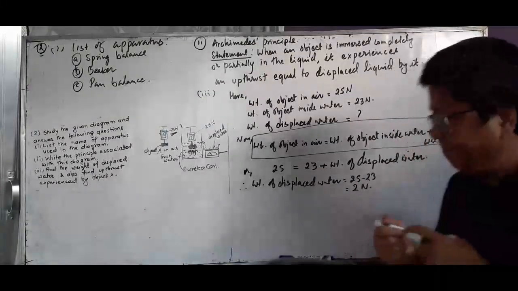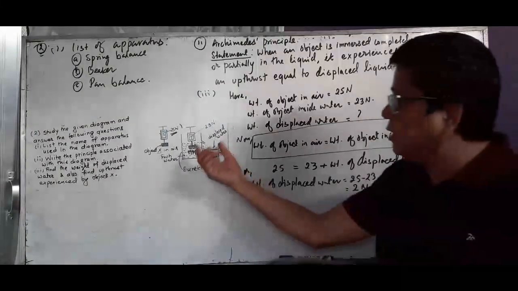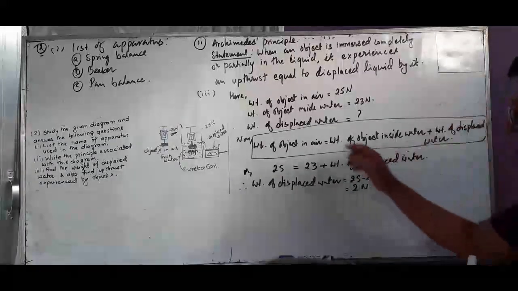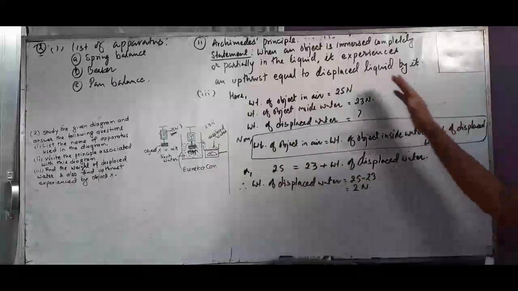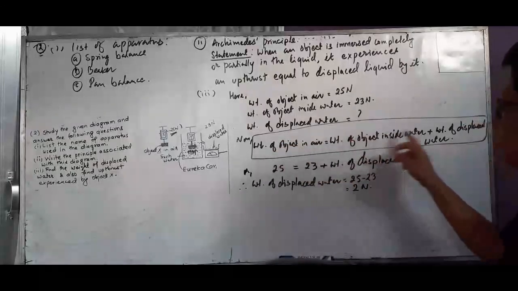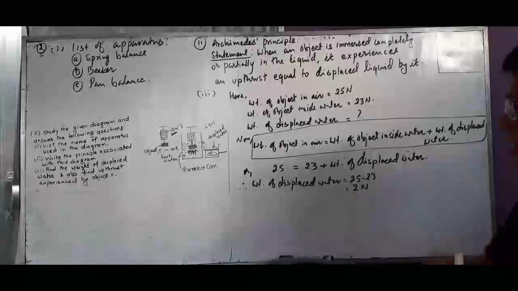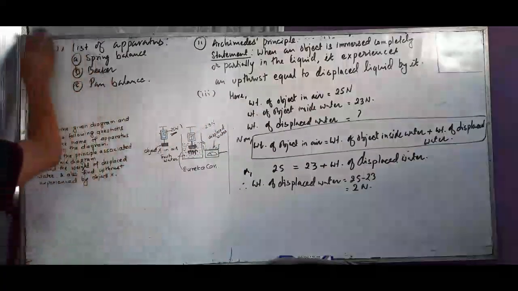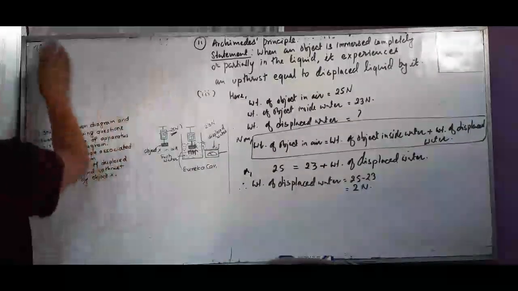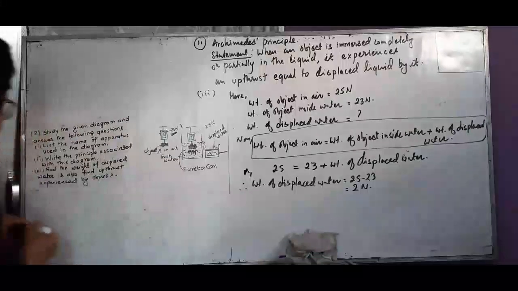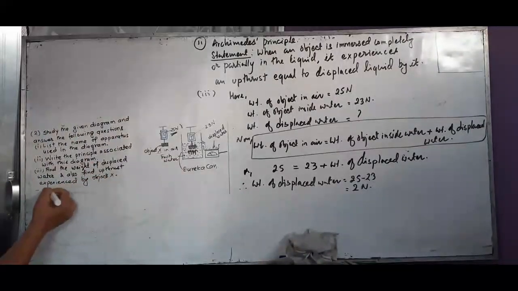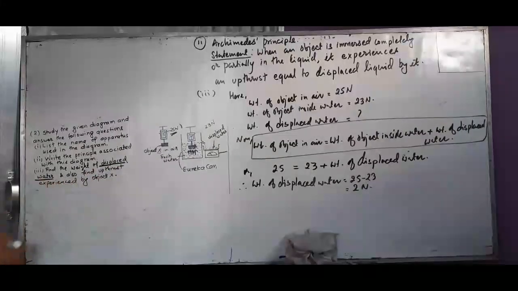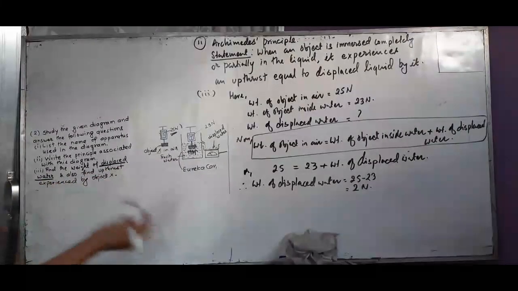So always, when solving this kind of problem, write these relations and the given information and find the answer. After finding the weight of displaced water, now we have to find the upthrust.